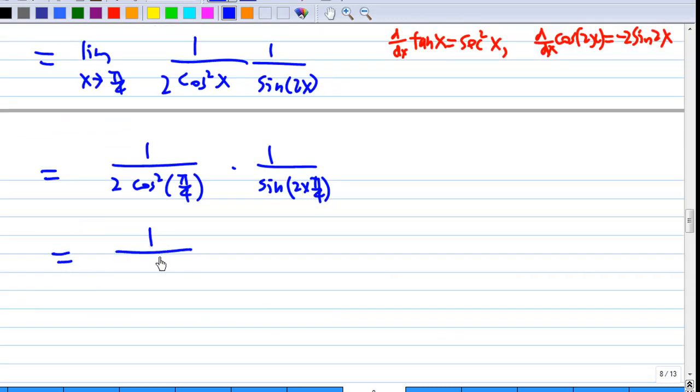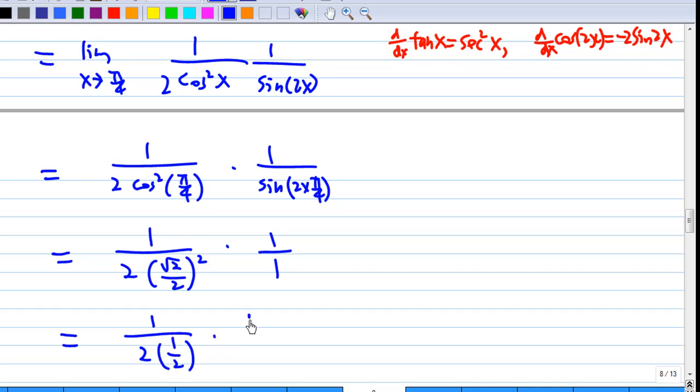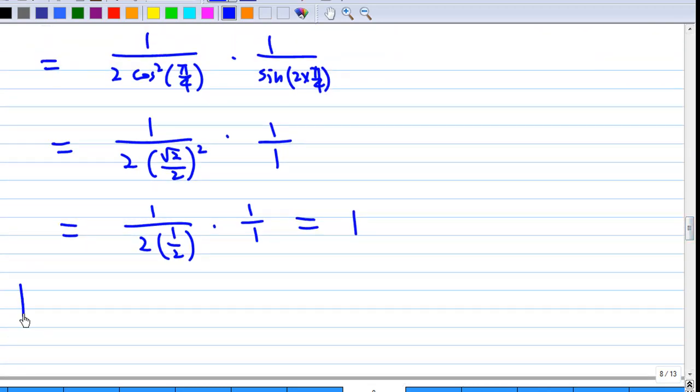Cosine of pi over 4 is square root 2 over 2, so when you square it it is one half, and sine of pi over 2 is 1. So this will give you 1 over 2 times half times 1 over 1, and this is 1. That means the limit when x approaches pi over 4 of 1 minus tangent x times secant 2x, although this is the form of 0 times infinity, the limit is 1.